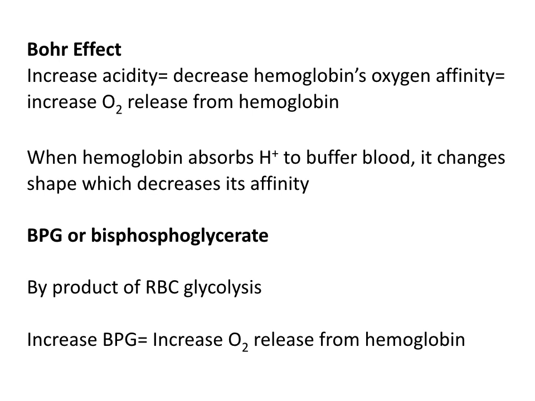Now, as BPG levels increase inside the red blood cell, the BPG binds to your hemoglobin. And if you take that big BPG, bind it to your hemoglobin, the shape of your hemoglobin changes, and it's going to end up decreasing its affinity and more oxygen is released.